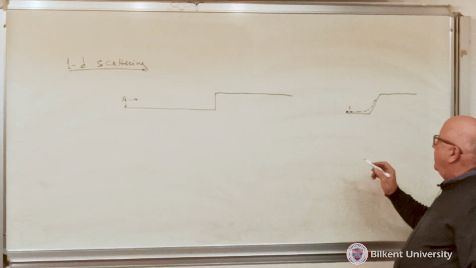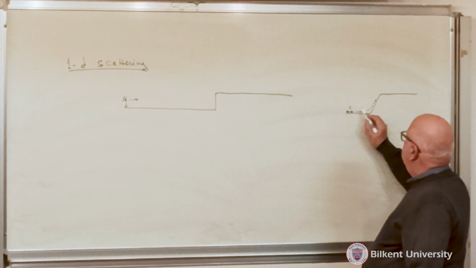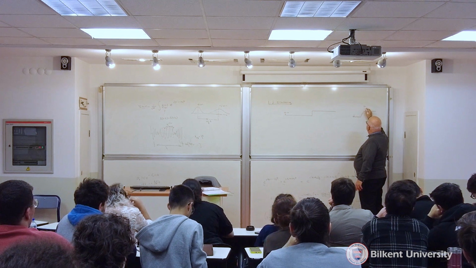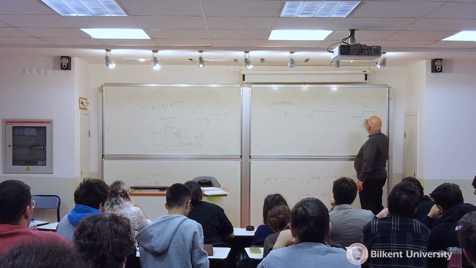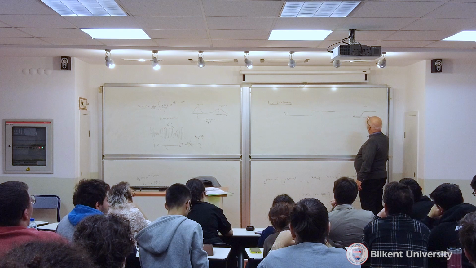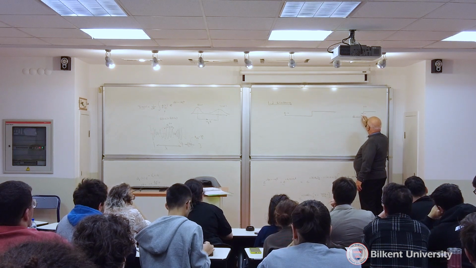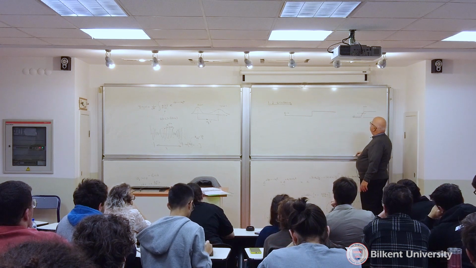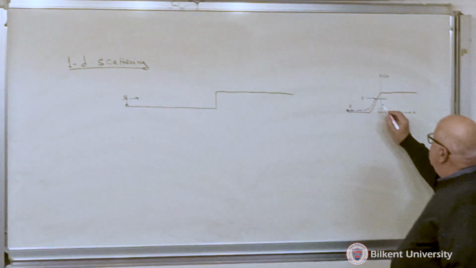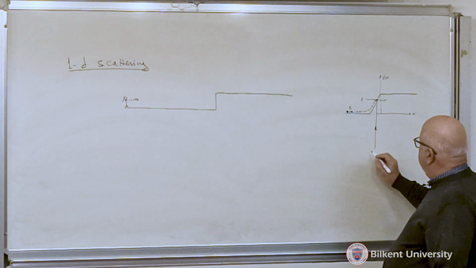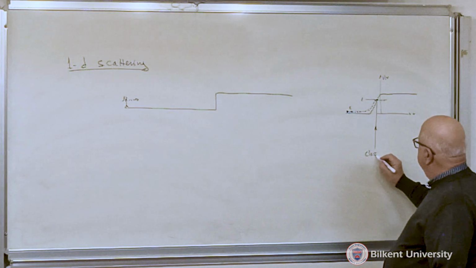Okay? So if this is a plot of the potential energy as a function of x, and my energy is somewhere over here, the level of my energy, this point here, remember, is called the classical turning point.